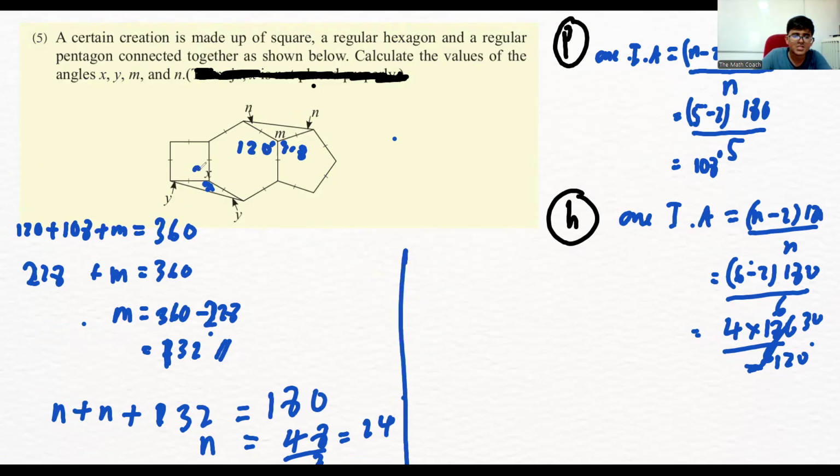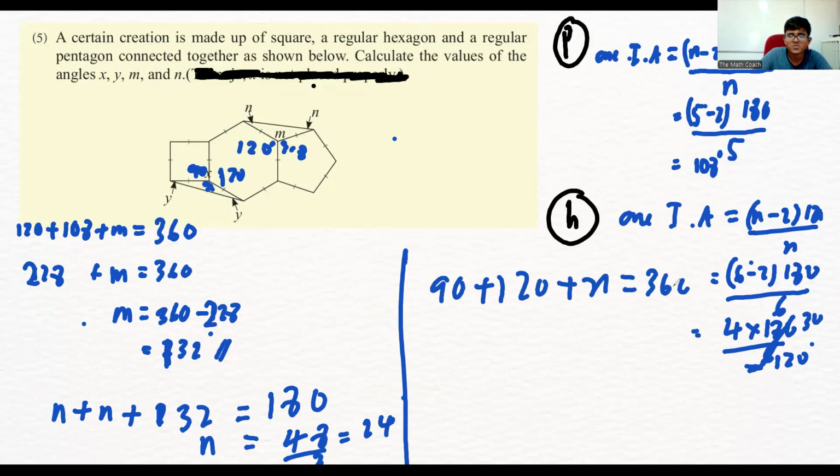So this is going to be 90. This is going to be equal to 120. So we can have 90 plus 120 plus x equals 360, because why? That's one full point, right? So all of those add up to one point.